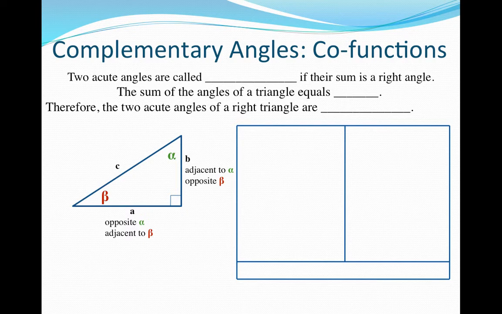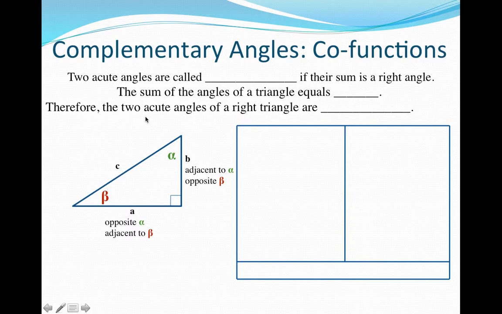Complementary angles and cofunctions. 2 angles are called complementary. So you need to write complementary in this blank if their sum is a right angle. The sum of the angles of a triangle equals 180 degrees. So you need to write 180 degrees here.